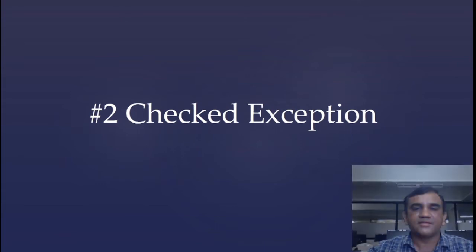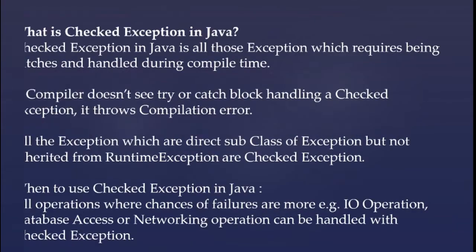There are two kinds of the exceptions, checked and unchecked exceptions. Checked exceptions in Java are all those exceptions which require being caught and handled during the compile time. If the compiler doesn't see a try or catch block handling a checked exception, it throws a compilation error.